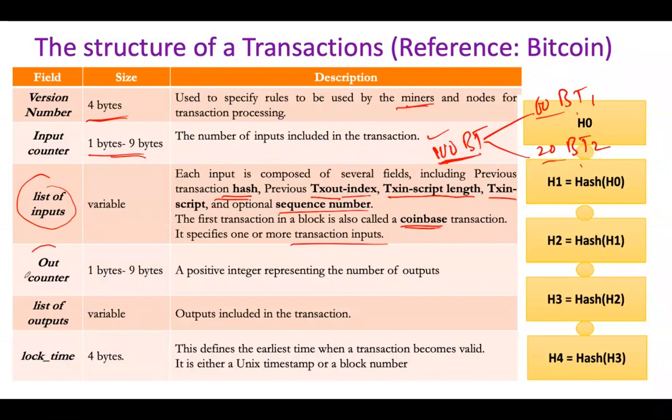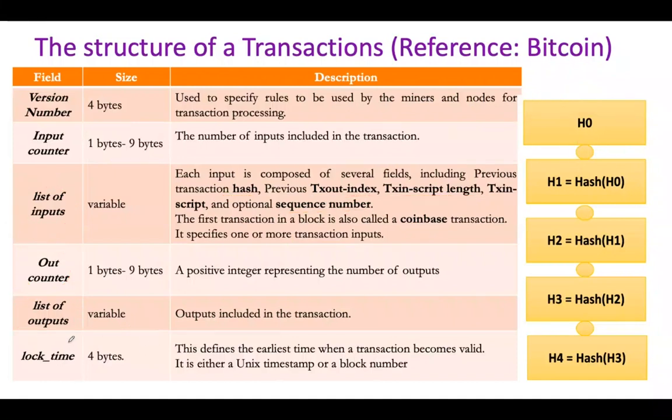This is followed by the output counter, which takes 1 to 9 bytes in size, a positive integer representing the number of outputs, followed by the list of outputs, and finally the lock time.